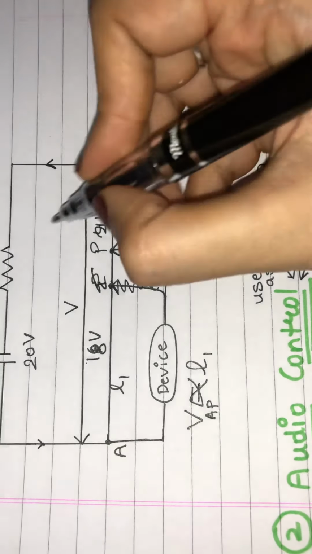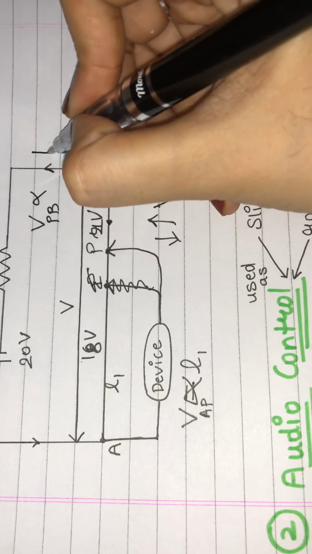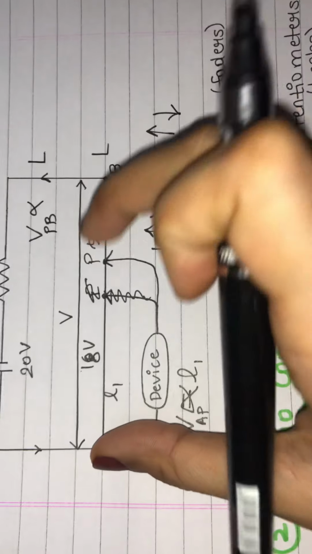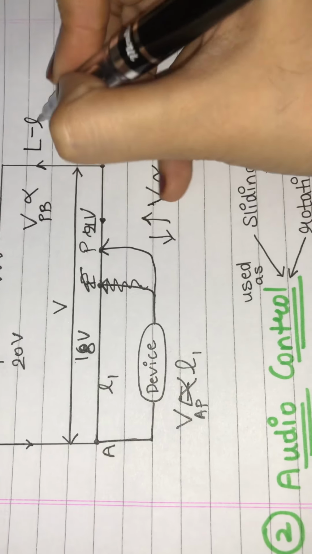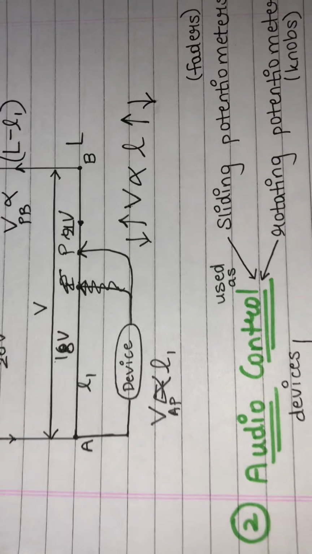And what can you say about the voltage across PB? It will be directly proportional to, I can say, capital L minus L1. Yes, I can say this also, right?